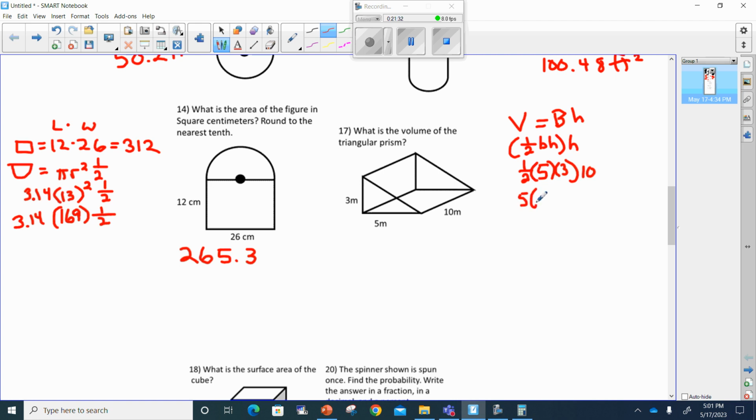And now I've got the 5 and the 3 still in here. I know that 5 times 5 is 25. And 25 times 3 is 75. So the volume of this is 75 meters cubed.